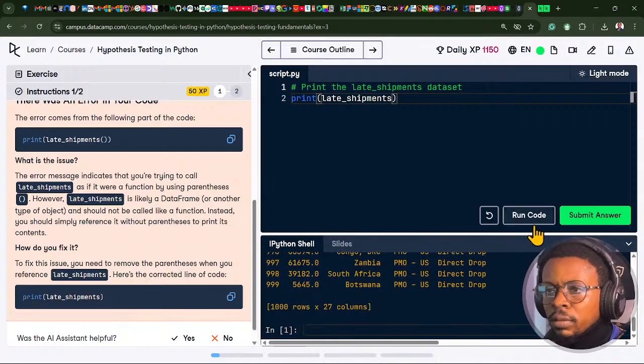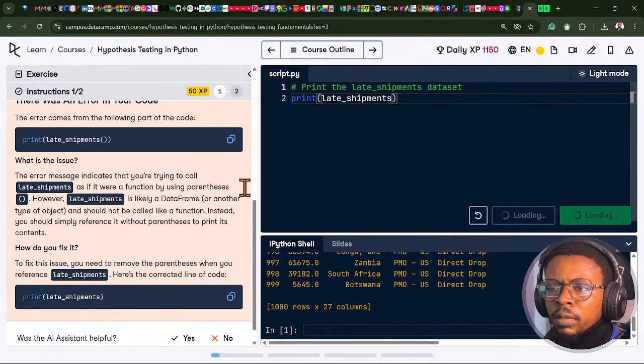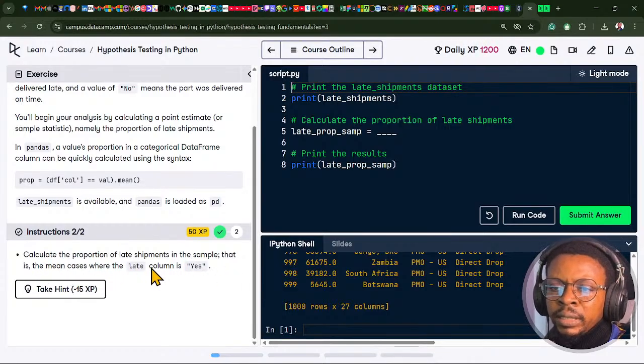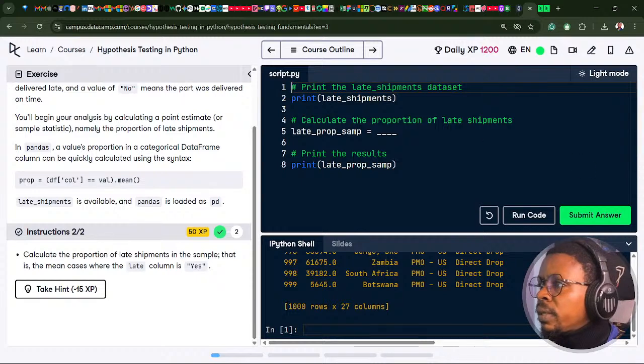Okay, same result here. We got that. To calculate the proportion of late shipments in the sample, that is the mean of cases where the late column is yes. Okay. The mean of cases where the late column is yes.